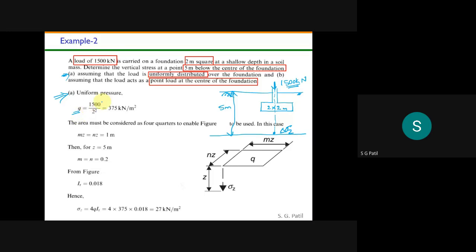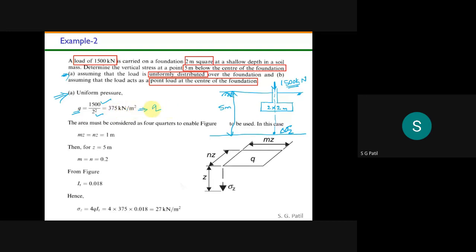Small q is nothing but your load divided by area, which gives the pressure intensity or load intensity. So 1500 kilonewton is acting over an area of 2 by 2 meter, so take the area of the square, 2 square. Now I got the q value, 375 kilonewton per meter square.